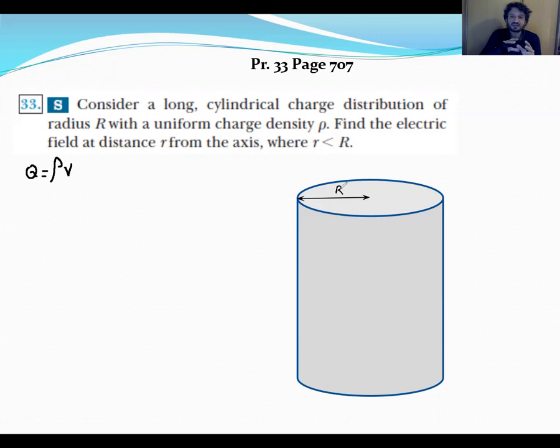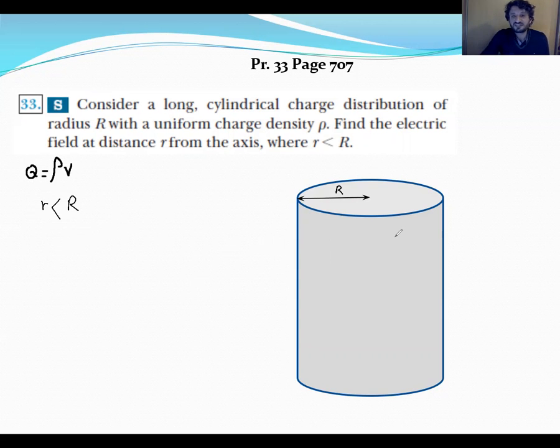We have a charge at any point inside the body of the object. Here we have to find the field at a distance small r, where small r is less than the capital R. We have to find the field at any point inside the cylinder, okay?